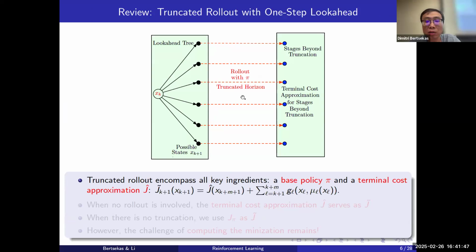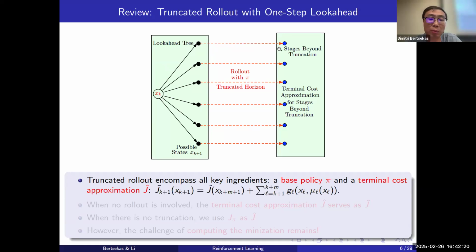In general, the variety of online play algorithms can be considered as a special case of truncated rollout with one step look ahead. So if we look at this picture, starting from xk, if we do truncated rollout with one step look ahead, we enumerate all the possible next states xk plus 1 corresponding to different controls. And starting from there, suppose that we have some base policy pi.